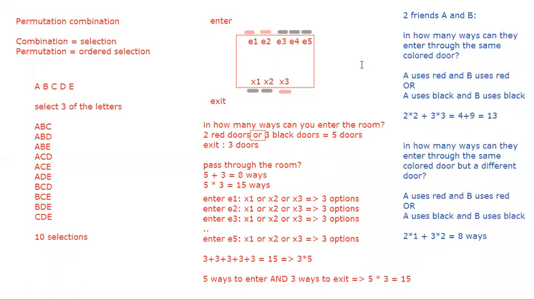Now, let us come back to our original question that we had. Okay. So we were focusing on that A, B, C, D, and E. I have to select 3 of the letters. In how many ways can I do that? Okay.